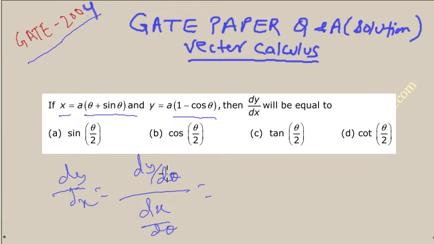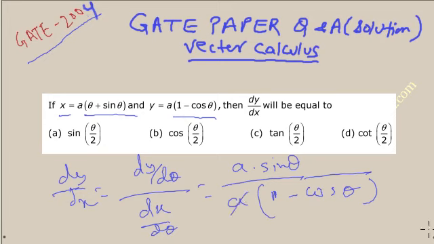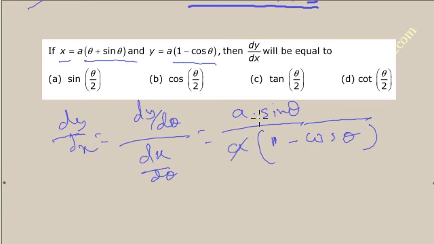So dy by d theta is a into sin theta, since the differentiation of minus cos theta is sin theta, divided by a into the differentiation with respect to theta, which is 1 minus cos theta. So a cancels. So this is equal to sin theta by 1 minus cos theta.